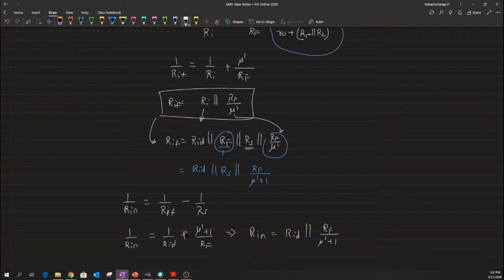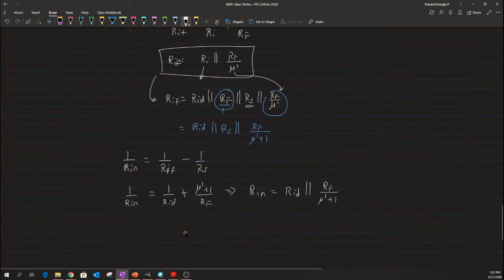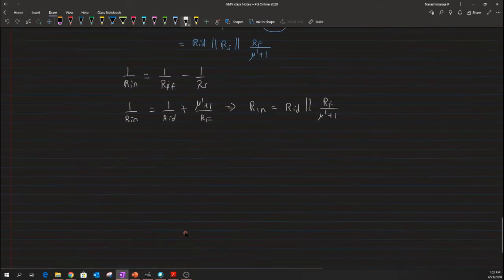Okay. So now that we got this expression of Rn, there are a lot of things that one could do. If this value of RID is assumed to be large, then this factor becomes small, just because Rf is basically diminished by a gain expression here.